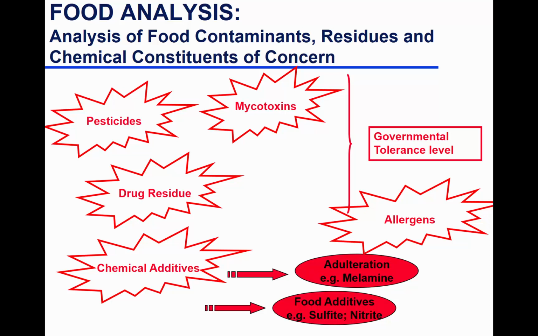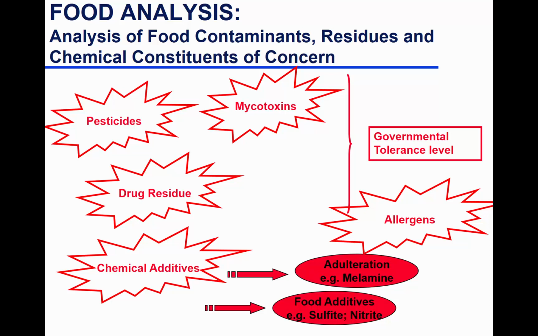So the categories we have are pesticides, drug residues, and mycotoxins. You have a governmental tolerance level, so you have levels that are acceptable. Below a certain level, it's acceptable. For some mycotoxins, for example, the tolerance level is 0. There are regulations about the type of pesticides that can be used and the amount that can still be present.